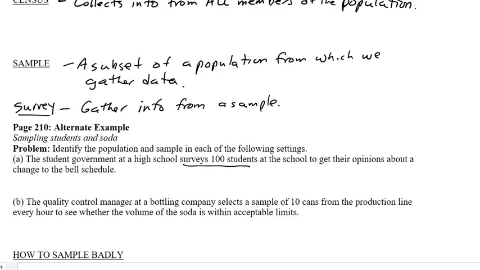That's the sample. Now the population has to include everybody in the sample and everybody that's similar to them. And so in this case, since they're surveying 100 students, the population is all the students at that high school.